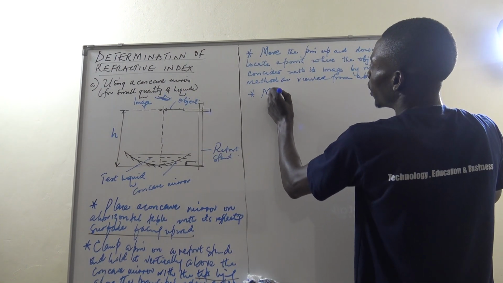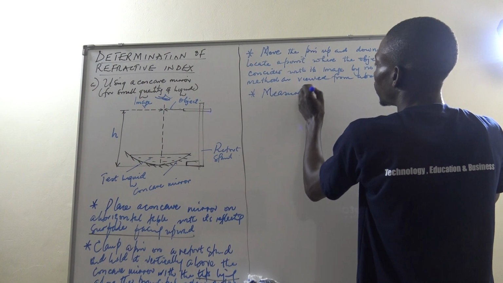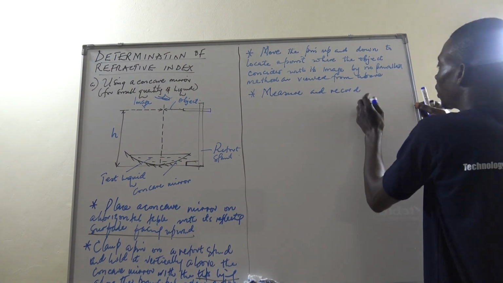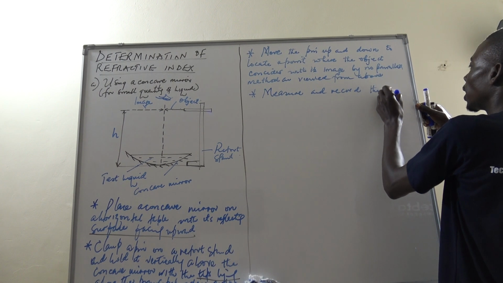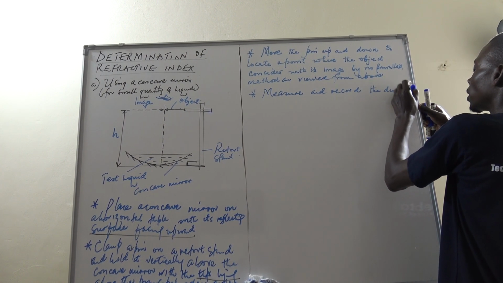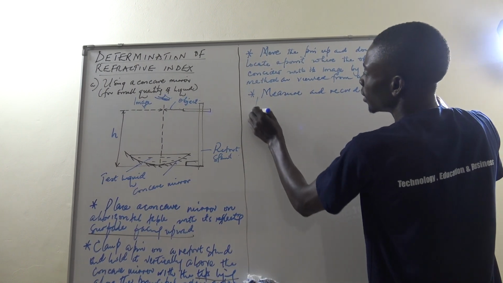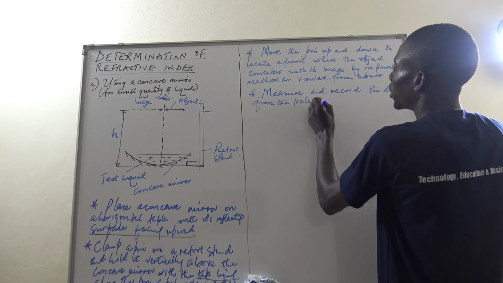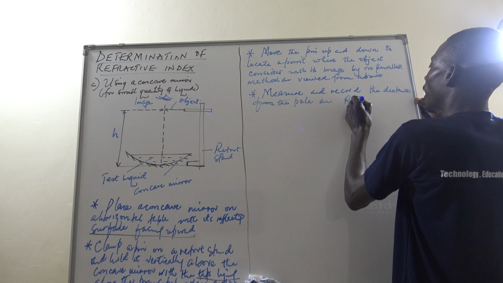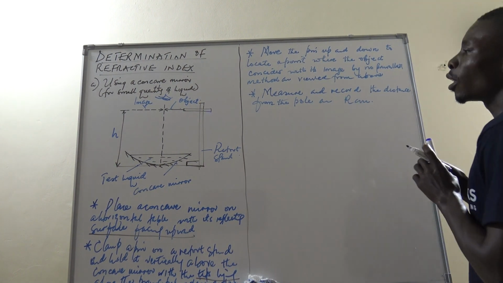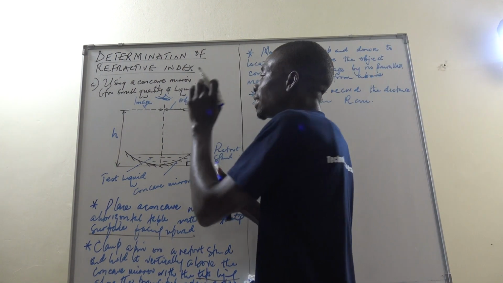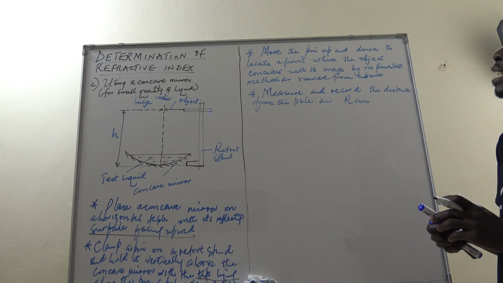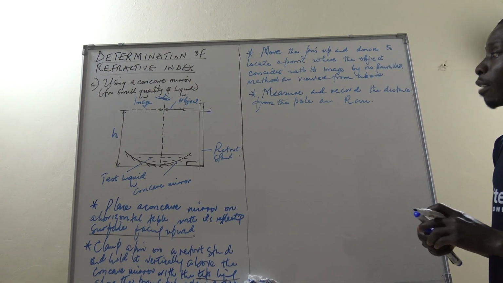We shall say: measure and record the distance from the pole as r centimeters. So after that, measure and record the distance as r, and that is the radius of curvature.